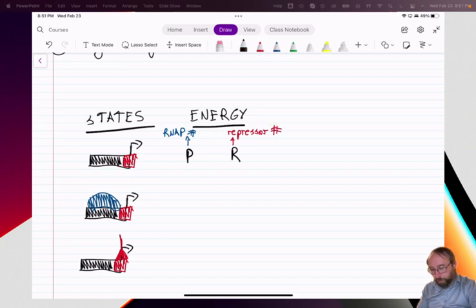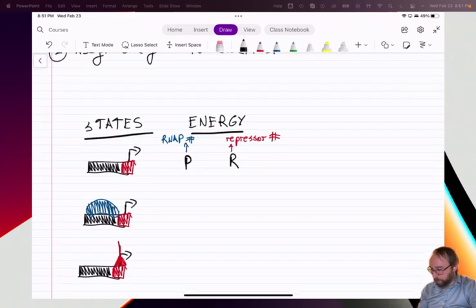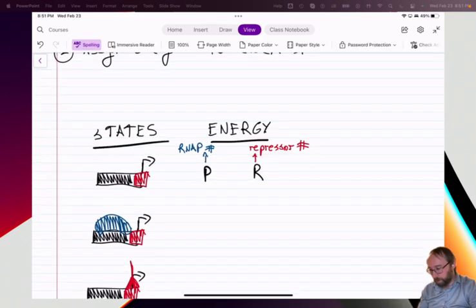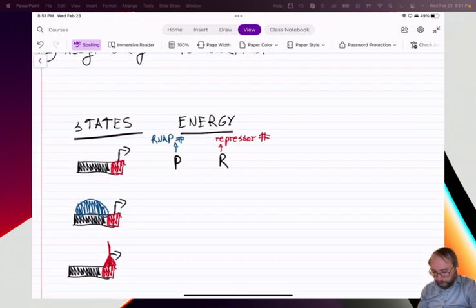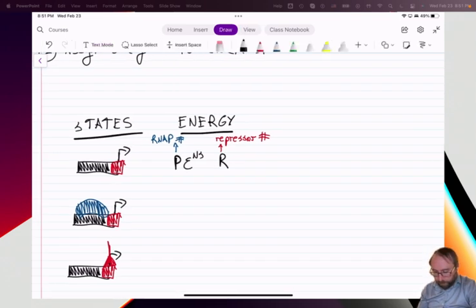And just like we did for the constitutive promoter, each one of these is going to be bound non-specifically somewhere. So there's going to be a non-specific binding energy of polymerase to the DNA, and also the R repressors that are in the non-specific reservoir are going to be bound with a non-specific binding energy of epsilon RD non-specific.